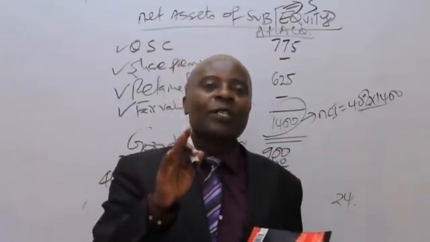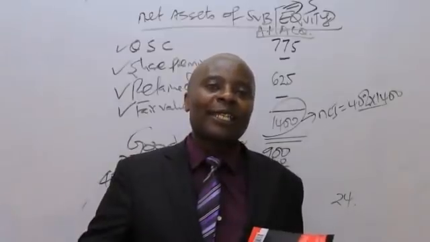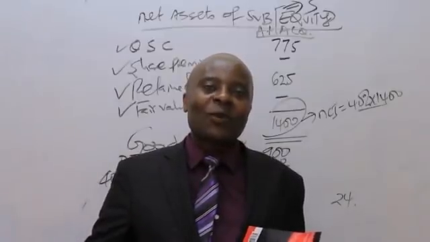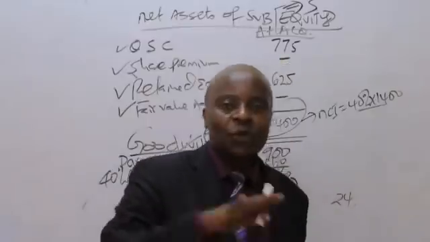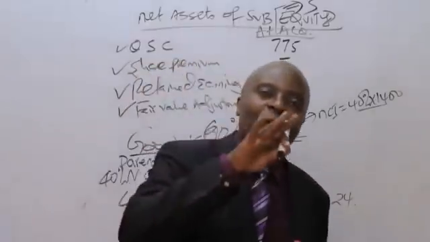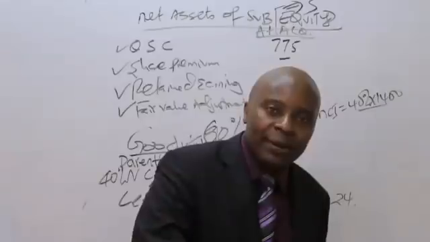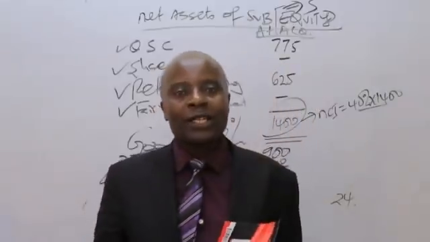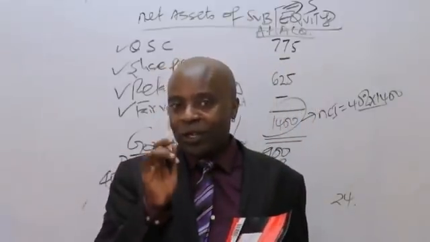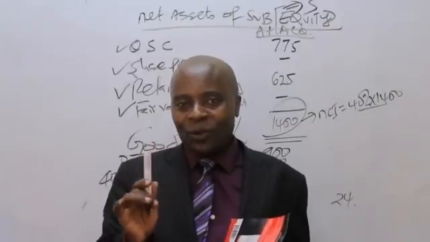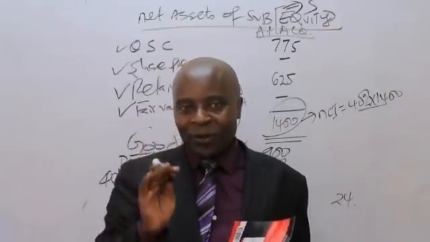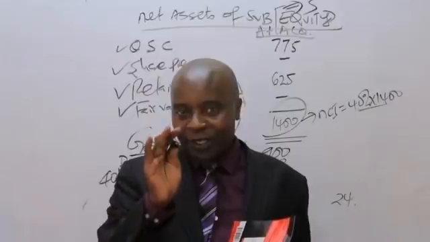Then I'll be left with 30%, which is an associate. So I'm moving from subsidiary to an associate. That is what we call movement from control to no control. That one, you need goodwill.